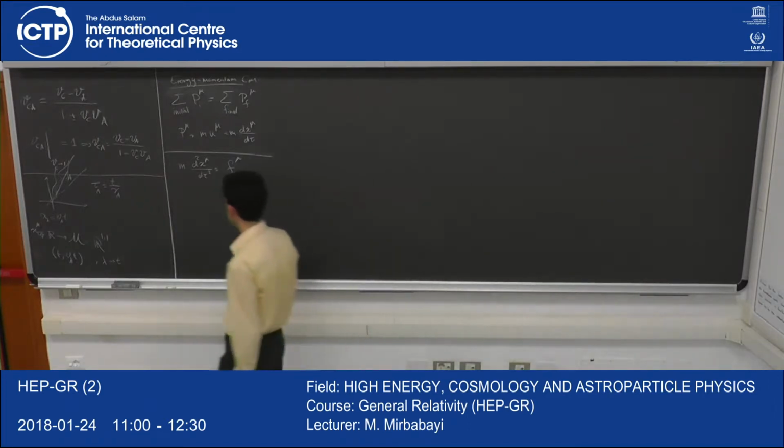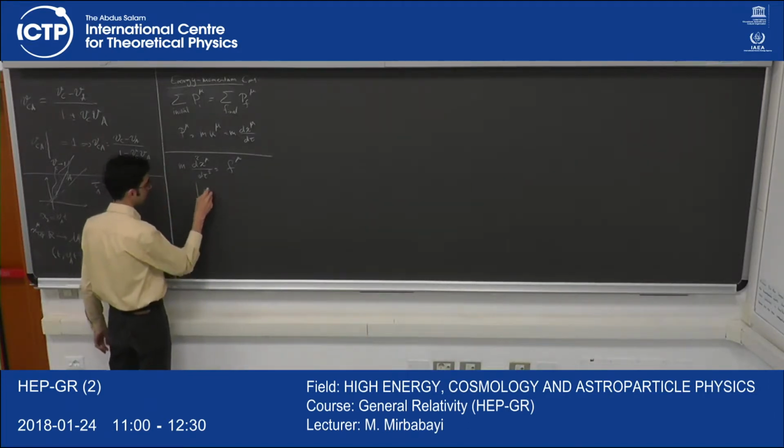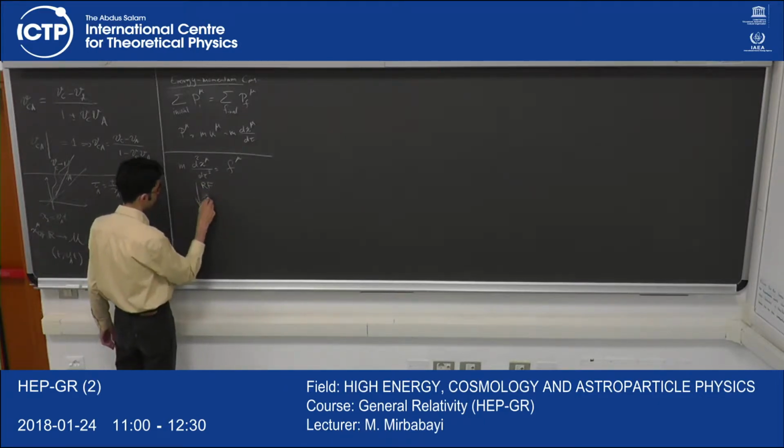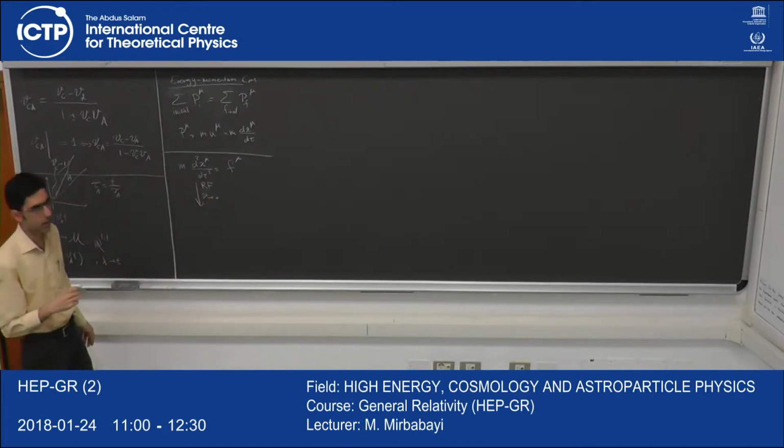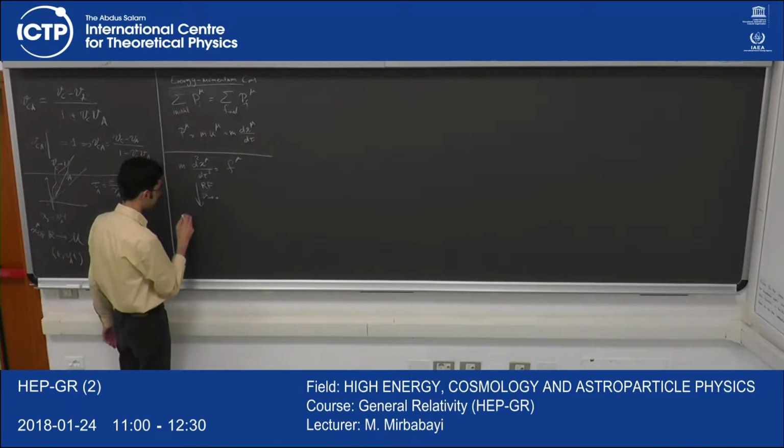Now in order to agree with the Newtonian limit, what we should require is that when we go to the rest frame, meaning that when v goes to 0, this equation has to reduce to Newton's equation.